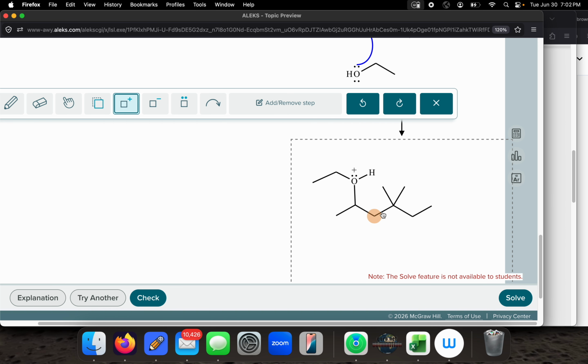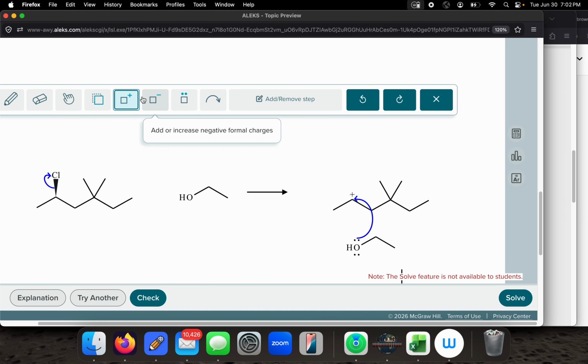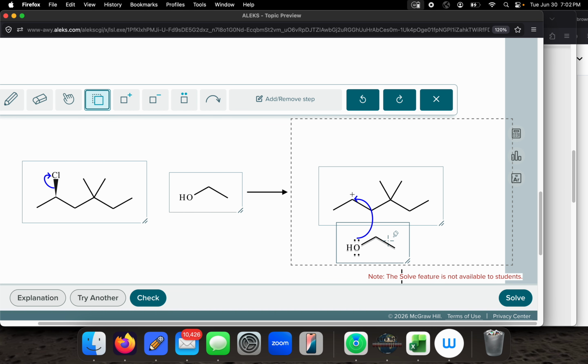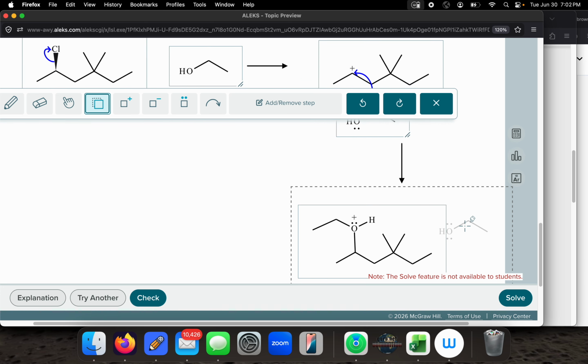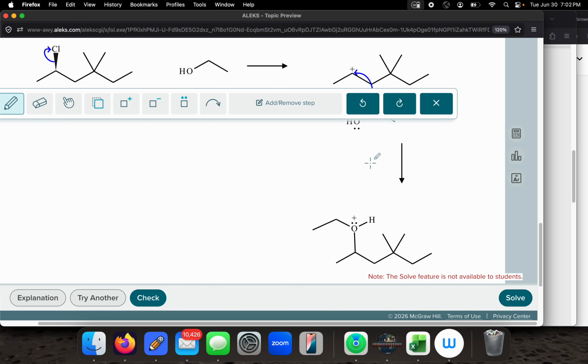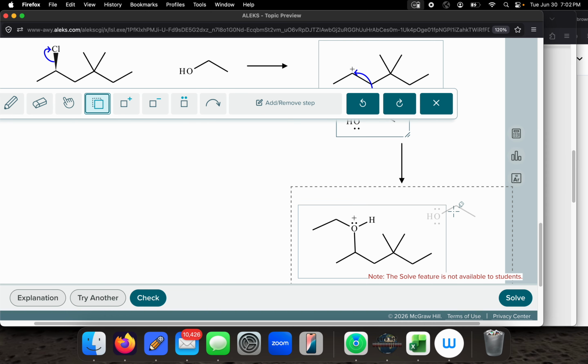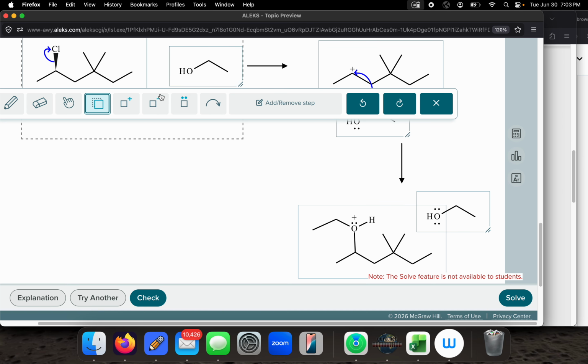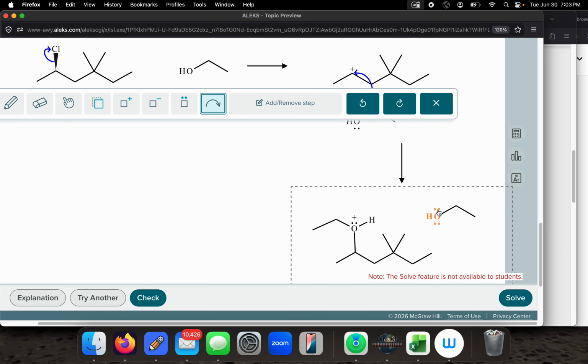Okay, so now I'm going to come here and go, let's take that and put it here. Nope, I don't want it. That's too close. And let's come over here and say these come here and grab that proton off of there.